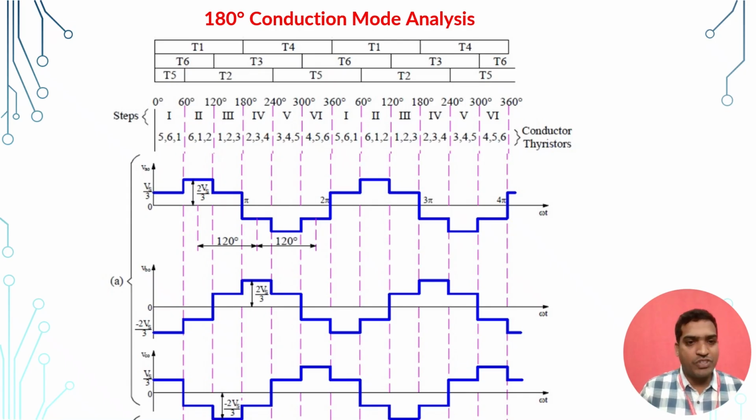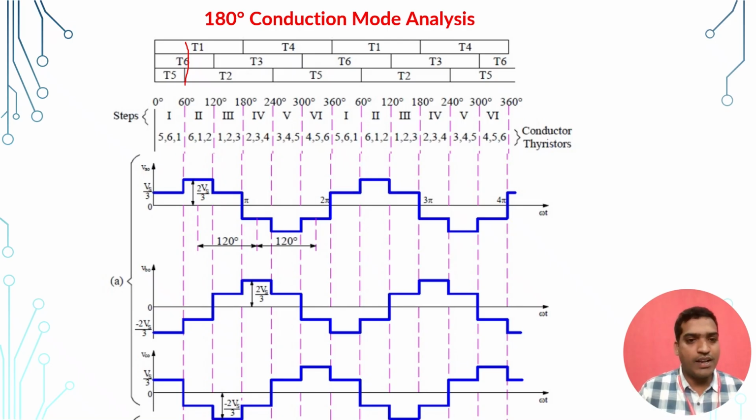Already we discussed this, I'm just giving a recap. From 0 to 60 degrees, what happened here? Thyristors T1, T6, T5 will be conducting, that is 5, 6, 1 devices are turned on.